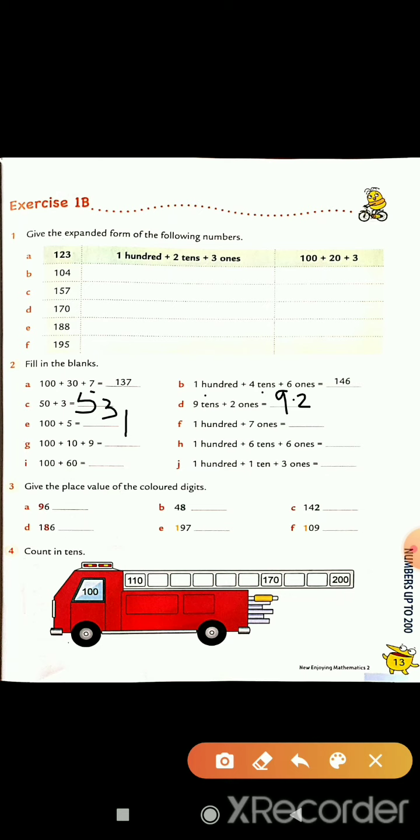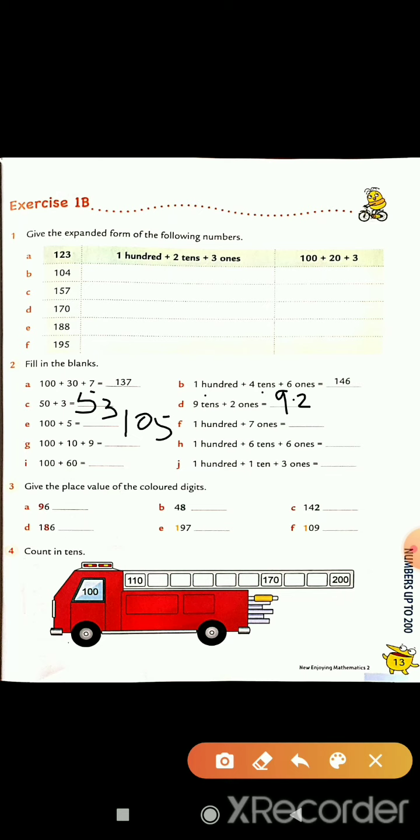So in the place of tens we will write 0. And in the place of ones we will write 5. So our number is 105.